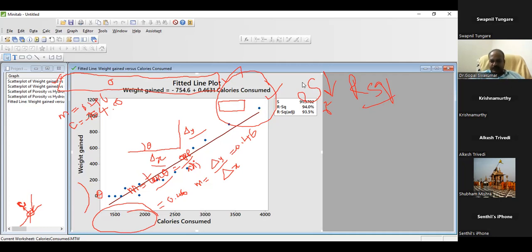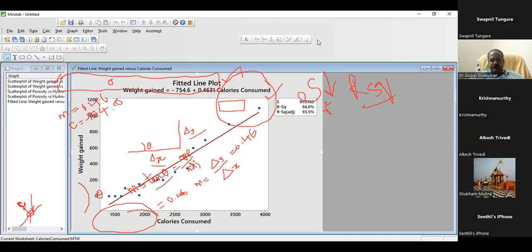In this case, are both conditions satisfied? Adjusted R square close to R square? Yes. And R square above 80%? That means your mathematical model is a sound model. Whatever you understand by referring to the regression equation will reflect the reality. Clear, everyone?